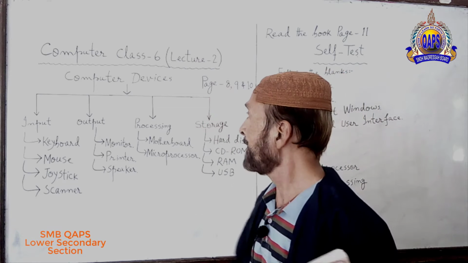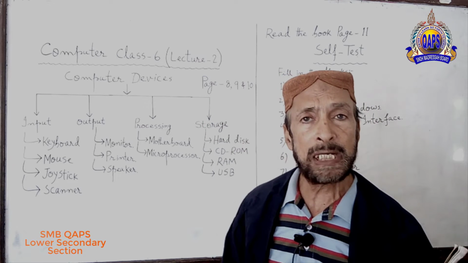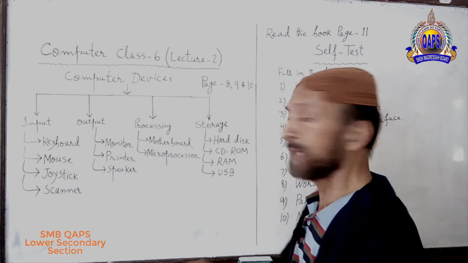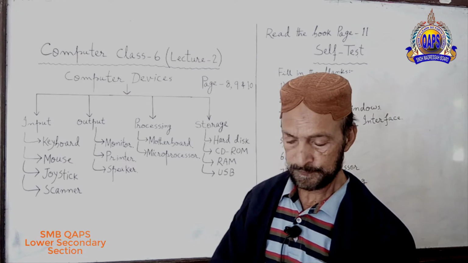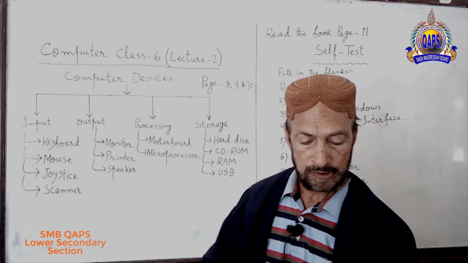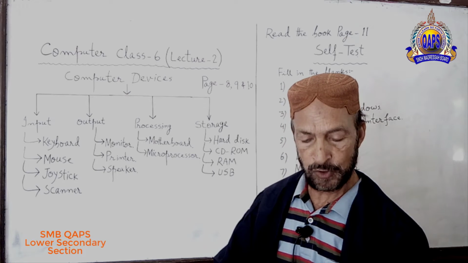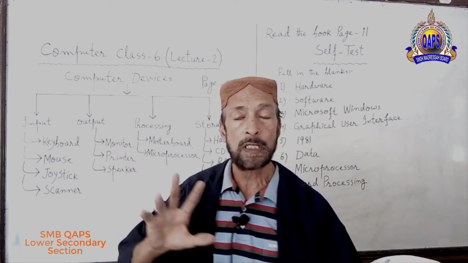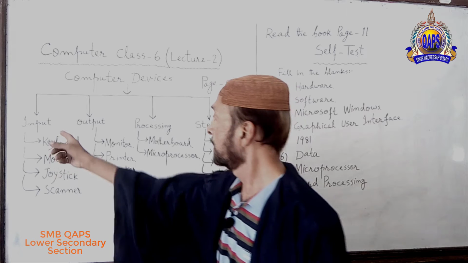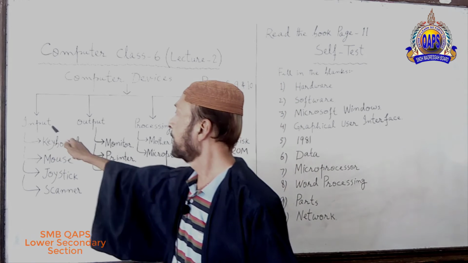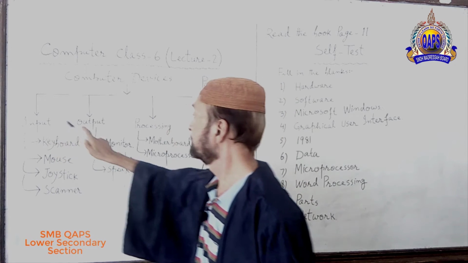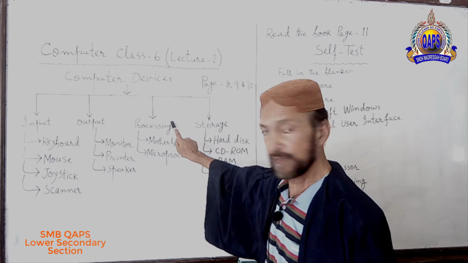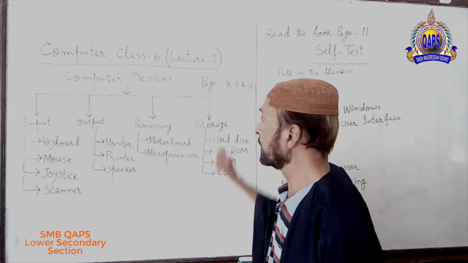Now, we have 4 types of computer devices. I am coming on page 8. See, this is page 8 of your book. 4 types of computer devices: input devices, output devices, processing devices, and storage devices.